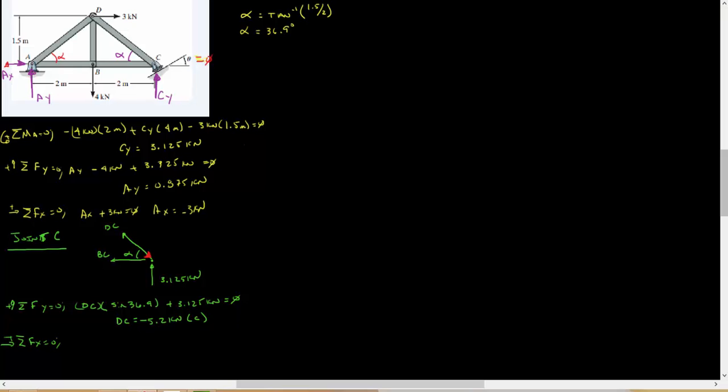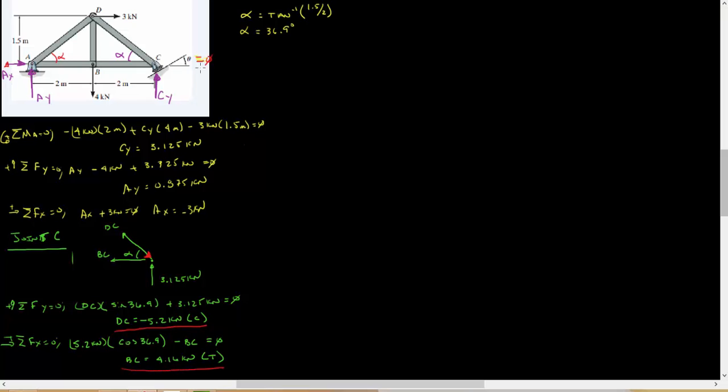A negative and then negative, which would be positive, so it's actually going to be 5.2 kilonewtons. And that's the most difficult thing that students have, grasping that whole tension and compression and which direction it's going. And then minus BC is equal to 0. So BC comes out to be 4.16 kilonewtons in tension. So I have those two answers there.